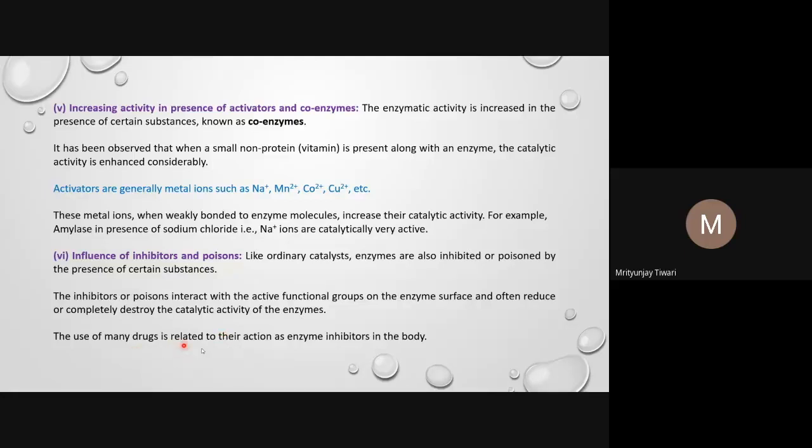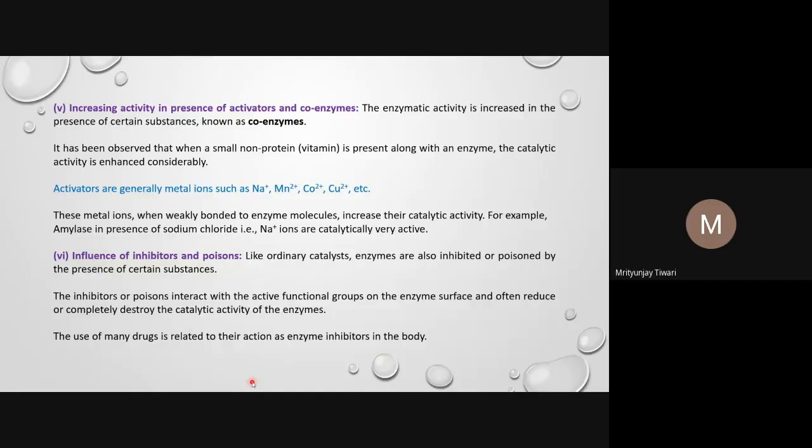The use of many drugs is related to their action as enzyme inhibitors in the body. So what happens? Suppose you have a certain problem, and a life process is happening in a certain direction. To break that process because of which you got the disease, you want to stop it. The enzyme was catalyzing that chemical process in that direction, so you will use a certain drug which can stop that chemical process.